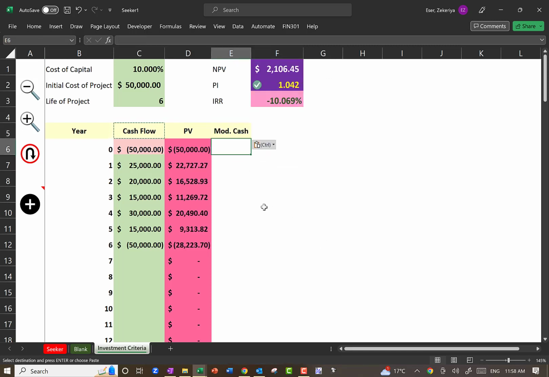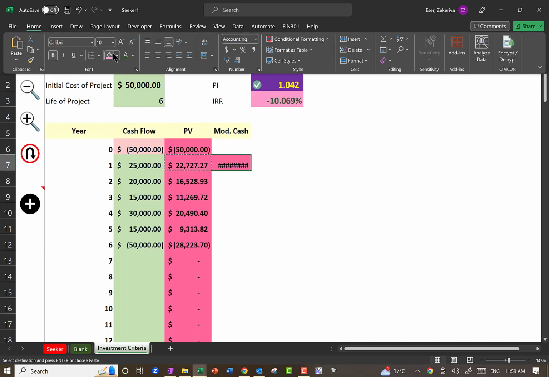So this is what I'm going to do. First, on these cells, I'm going to say if this cash flow is negative, make it zero. Otherwise, the cash flow itself. So let me use a slightly different color for that.